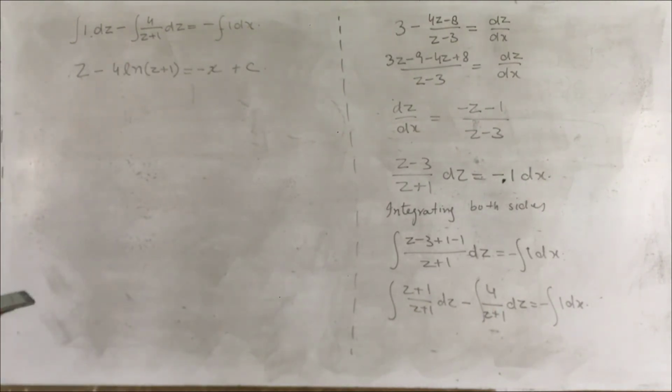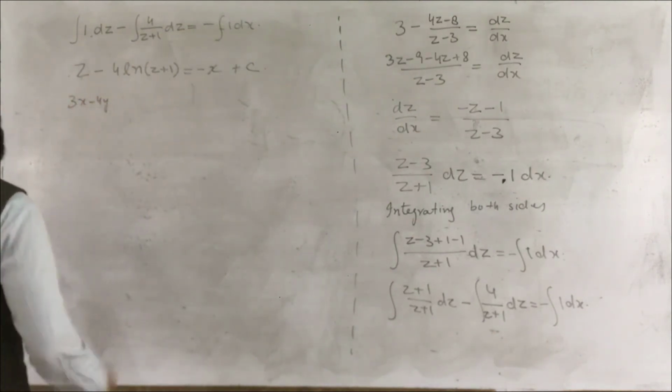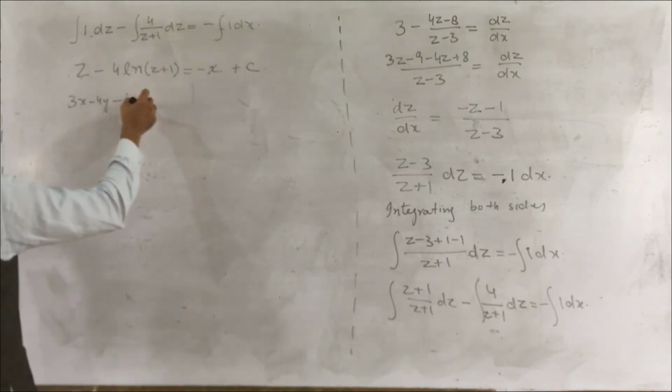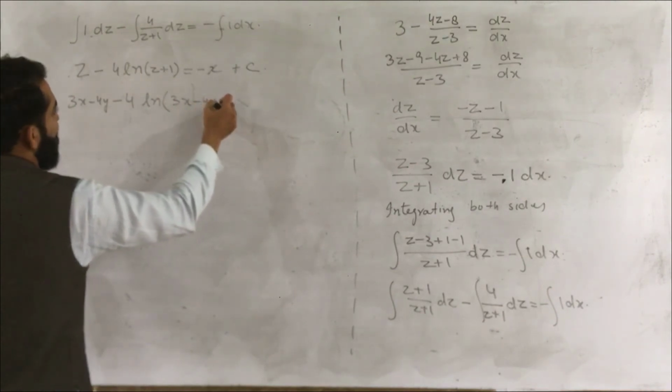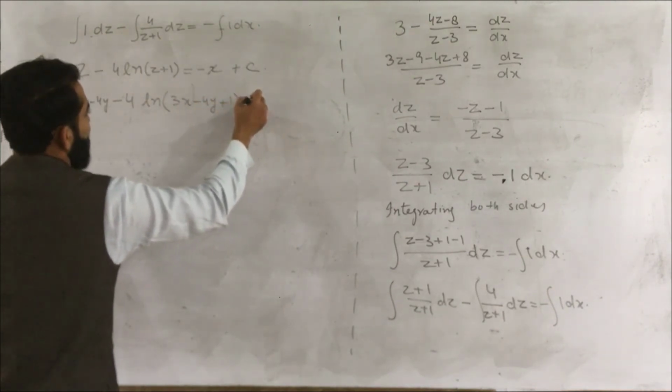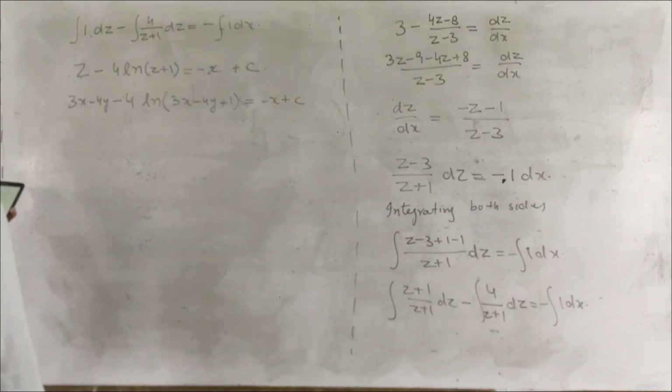Now giving the value of z back, which is 3x minus 4y, minus 4 natural log of (3x minus 4y plus 1) is equal to minus x plus c.